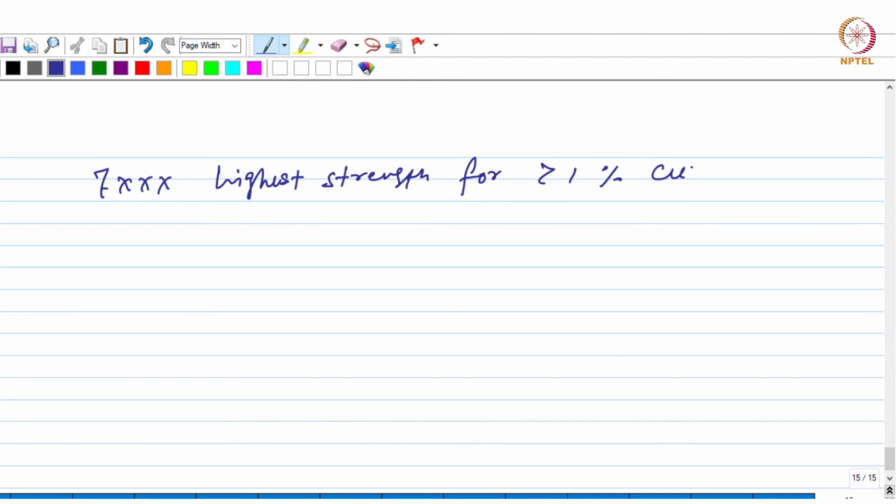If it is within 1% or less, then it remains in the solid solution, the copper does not take part in the precipitation, and therefore you may not get the strengthening. But as you increase it beyond 1%, the copper atoms will go to the GP zones.